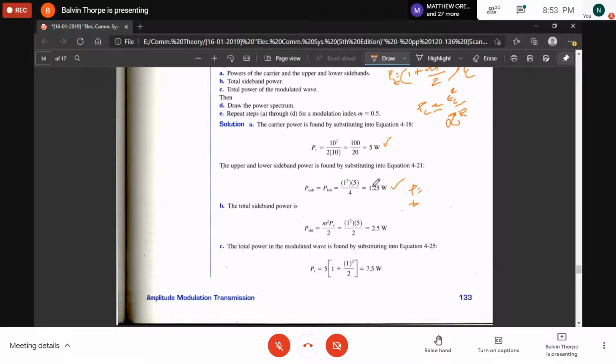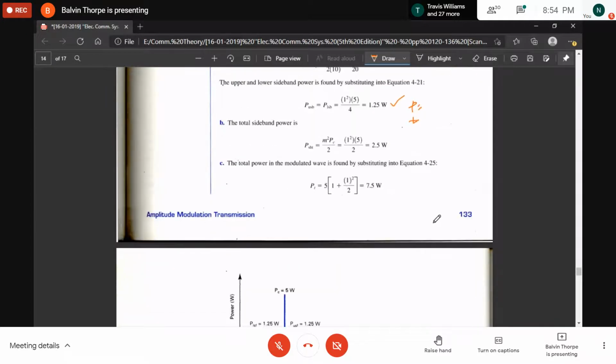So the total is going to be 5 plus 1.25 plus 1.25, which works out back to the same 7.5 watts. Just wanted to make sure I heard it correctly. I thought you said carrier wave. Don't worry. Okay, so whichever method you choose, you would see that it comes back to the same thing.